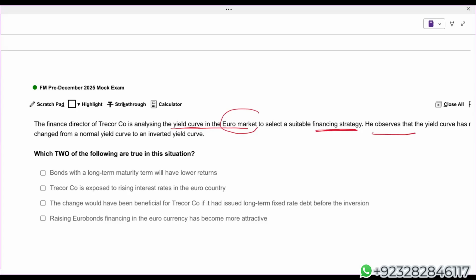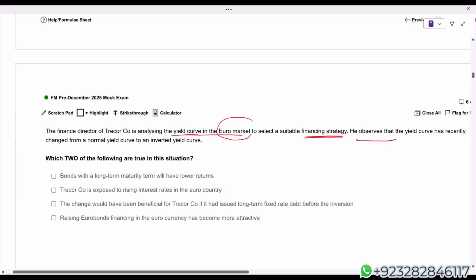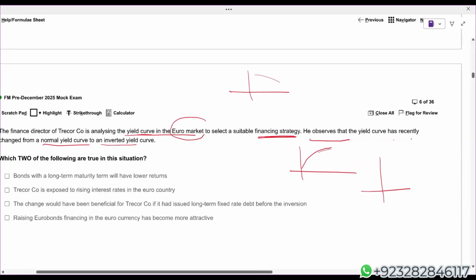A normal yield curve is upward sloping. By studying the yield curve, you can see the movement of interest rates. He observed that the yield curve has recently changed from a normal yield curve to an inverted yield curve. The normal yield curve is upward sloping, and inverted means downward sloping.